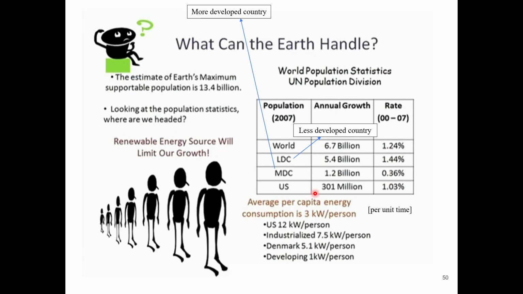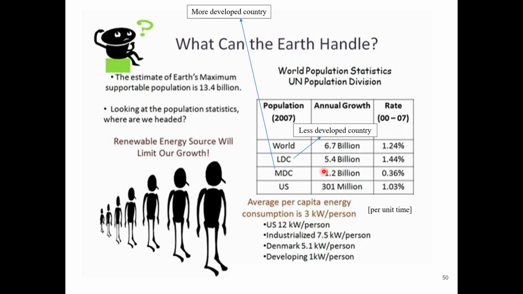The US also contributed 301 million in 2007, and between 2000 and 2007 it had a growth rate of 1.03%, which was a little high, but still less than 1.24%. But if you check the less developed countries, it is higher than 1.24%, by about 0.20%.